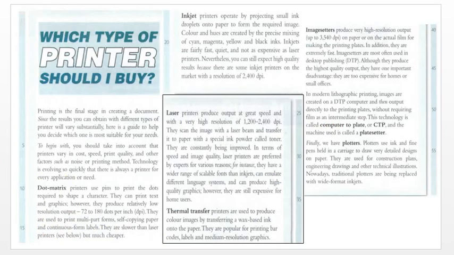Okay, which type of printer should I buy? This is a very nice question. What kind of computer do I need? Then after reading this text, you can decide what type of printer you would like to buy. Let's begin with reading.